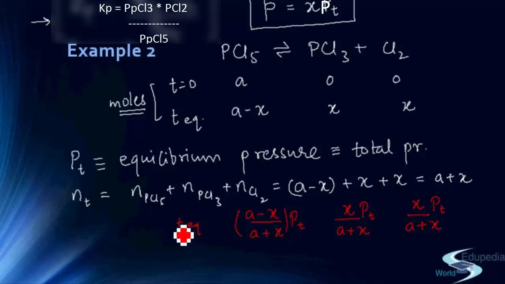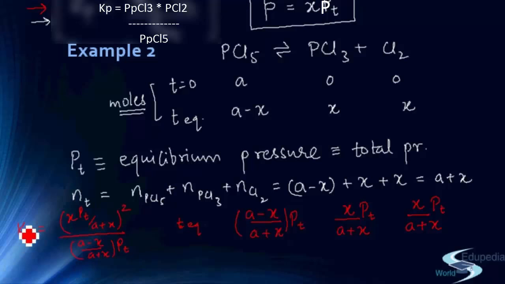In order to get the expression of Kp, I will simply substitute these values in this expression. Once I substitute these values, I get my final answer: Kp is equal to x PT divided by a plus x, whole squared, because partial pressure of PCl3 and Cl2 is both x PT by a plus x, divided by partial pressure of PCl5, which is a minus x divided by a plus x times PT.